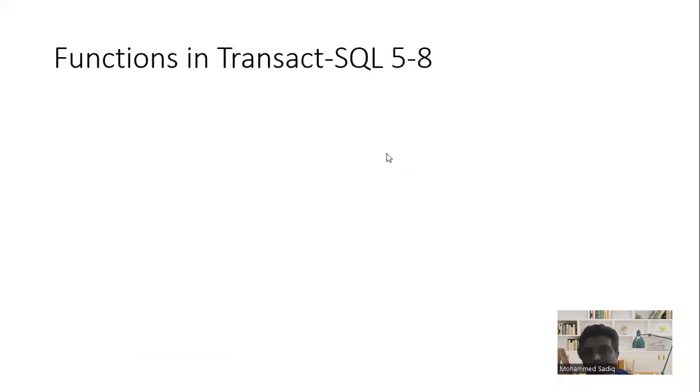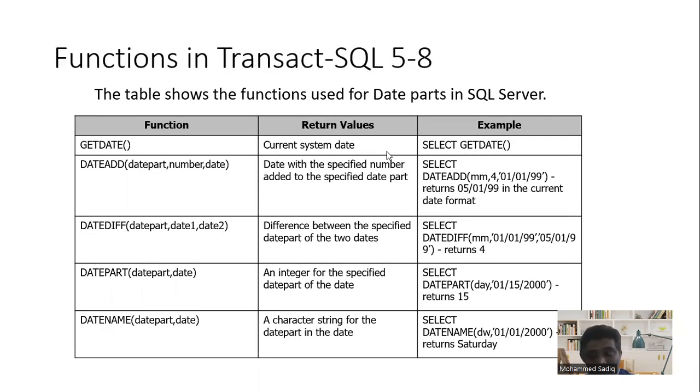To start working with this, in SQL we have some basic date functions. We have GETDATE, which gets me the current system date. We have DATEADD, when you want to do some kind of addition to a date. We have DATEDIFF to find the difference between dates. DATEPART is to extract the date part in numeric format, like the month number, year number, or day number, so it extracts in the form of an integer value.